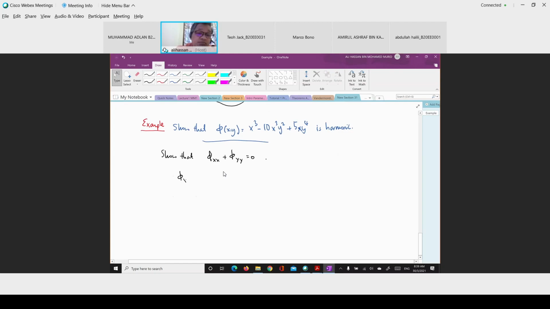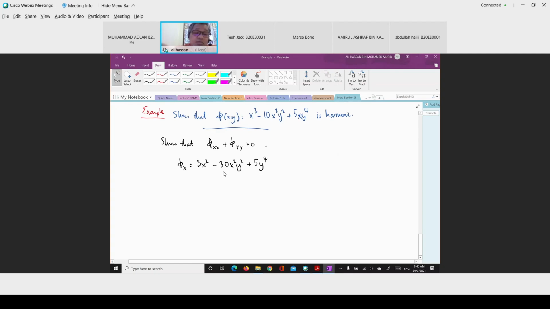So first we calculate phi partial x. Phi partial x is 3x squared minus 30 x squared y squared plus 5y to the power of 4, right? And what is phi partial x x? We differentiate phi partial x with respect to x again.